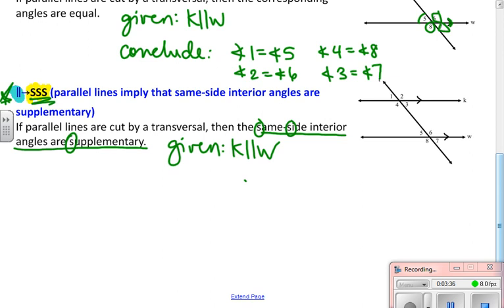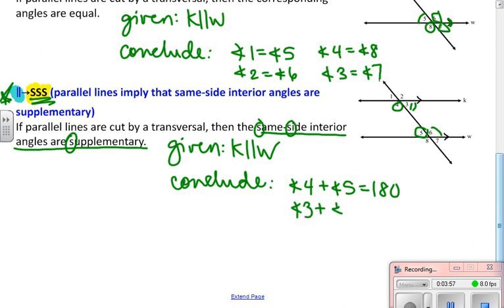And that's how I remember that this time my conclusion is that 4 plus 5 equals 180, or angle 3 plus 6. Okay, remember, not equal. That's the kicker with that one. So go ahead and try the examples.